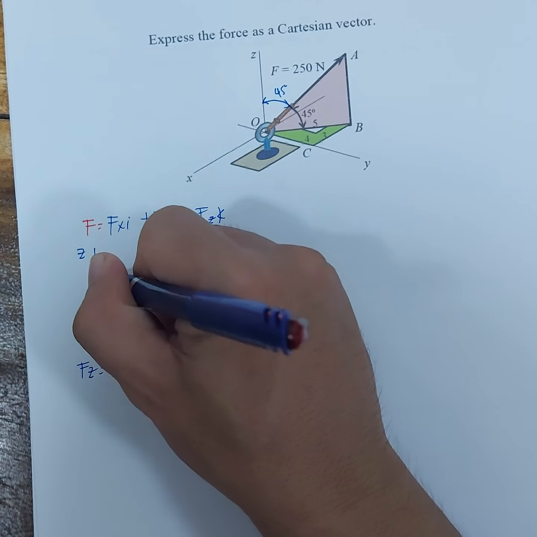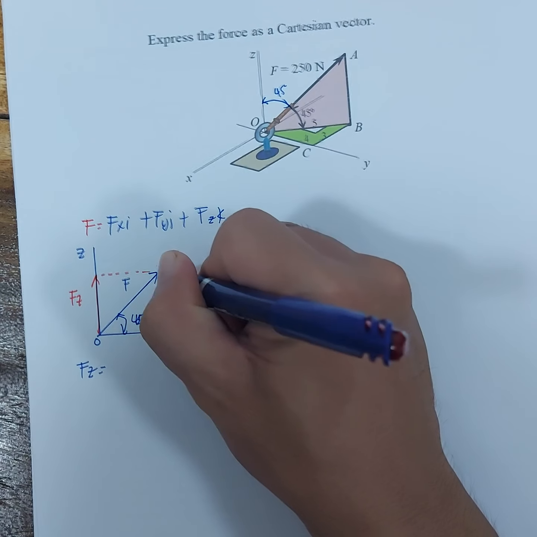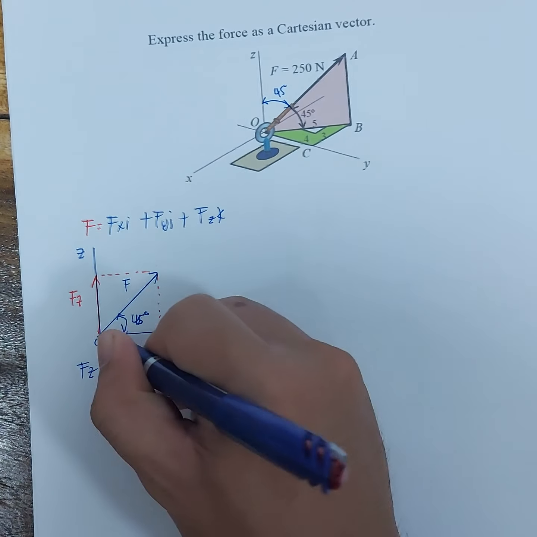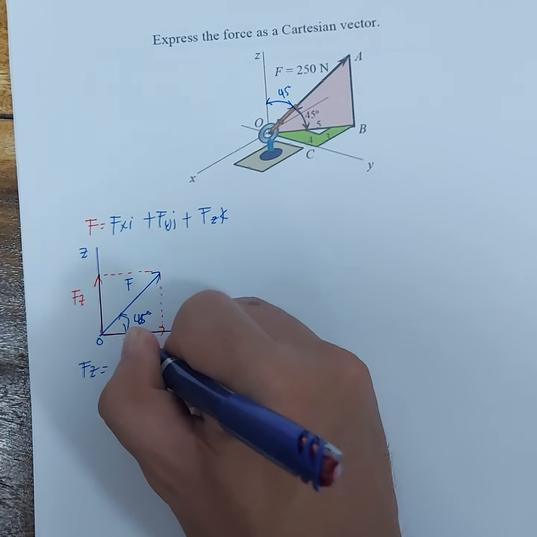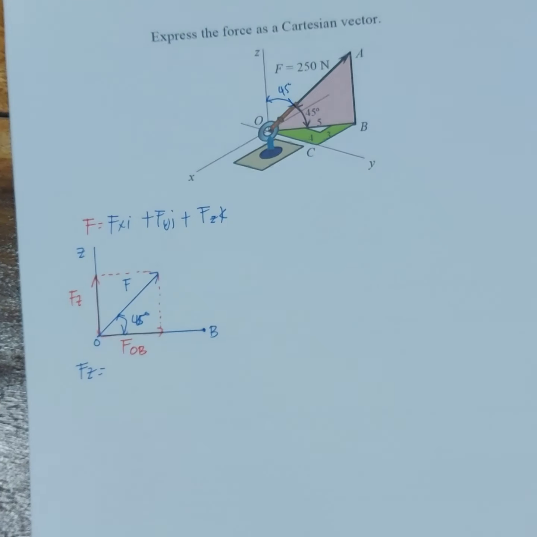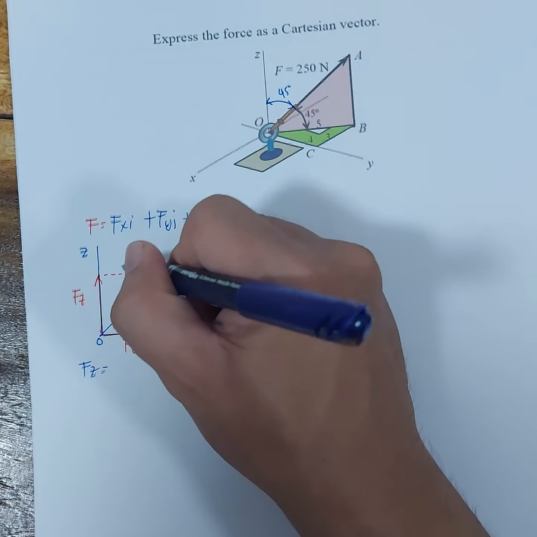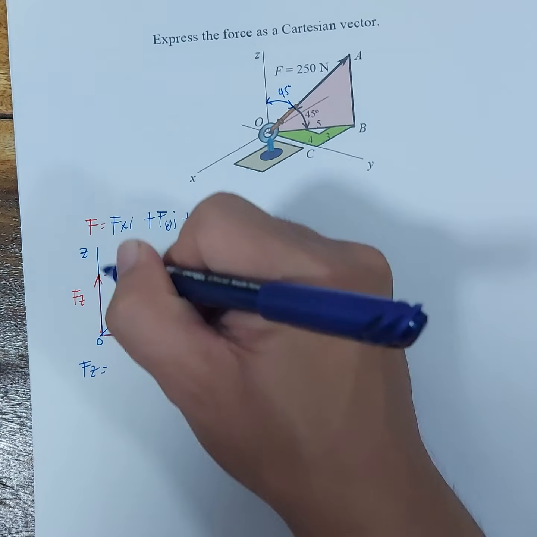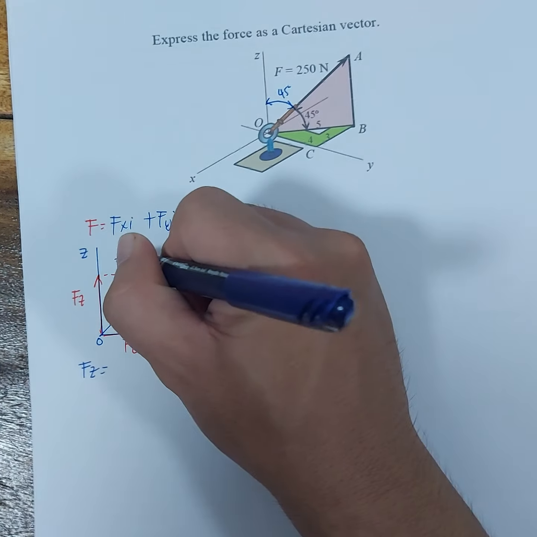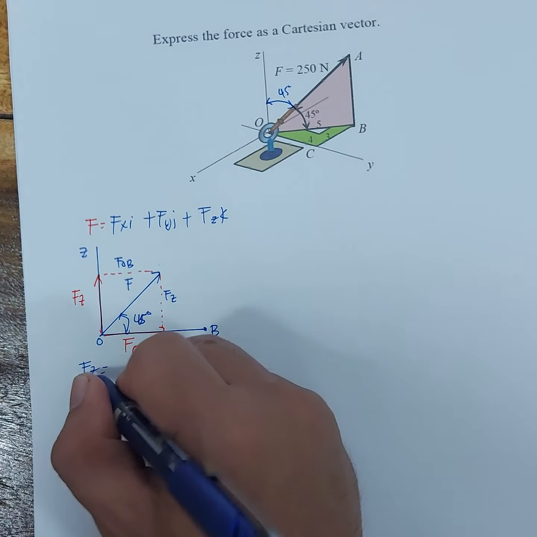Drawing tayo ng rectangle. This is let's say FOB. So that is Fz. This is also Fz. This is also FOB. So which means we're going to use sine function to solve for the Fz force.